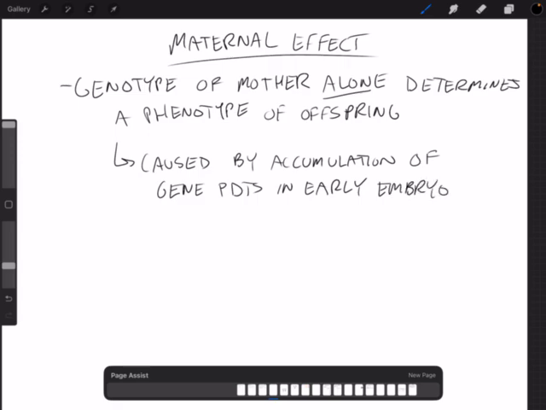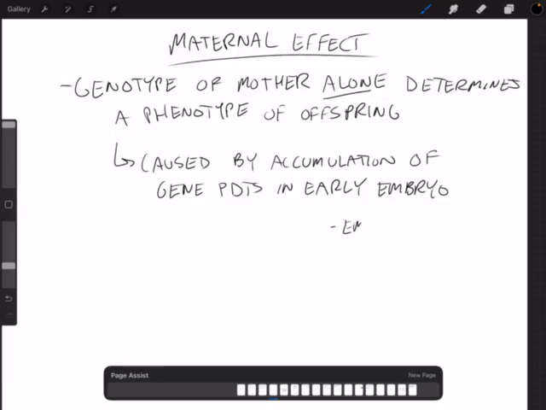So one thing to keep in mind is that the early embryo isn't always making its own genes. As an embryo first forms, early stages of cell division, it's actually not activating its own genome yet. It is instead relying entirely on stuff provided from the mother.